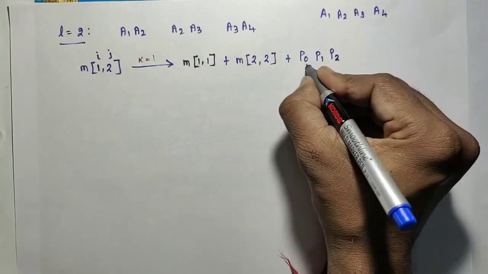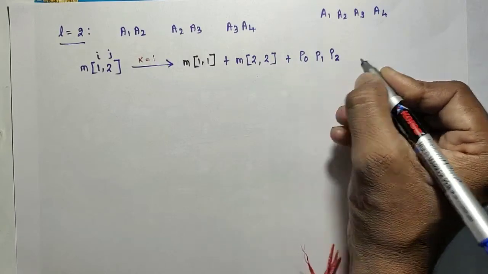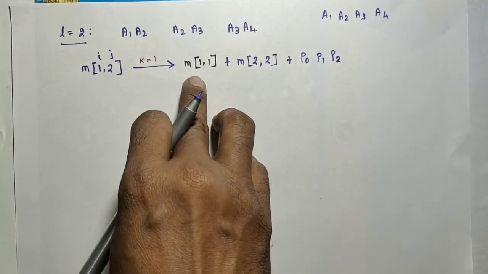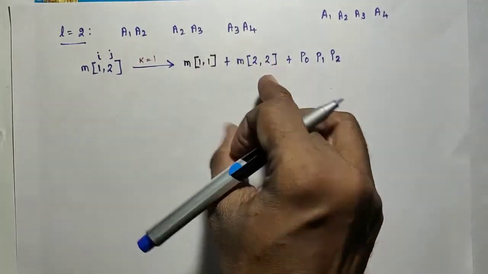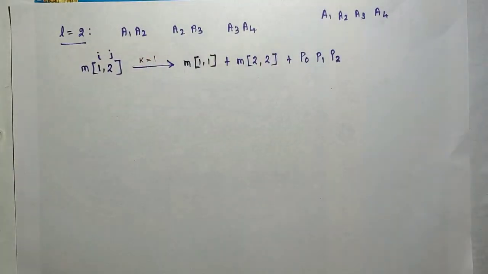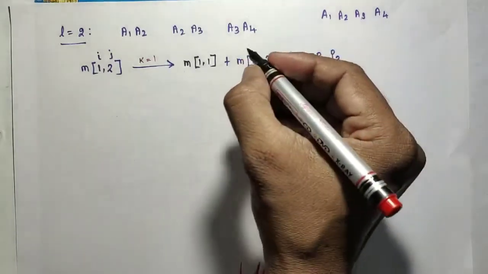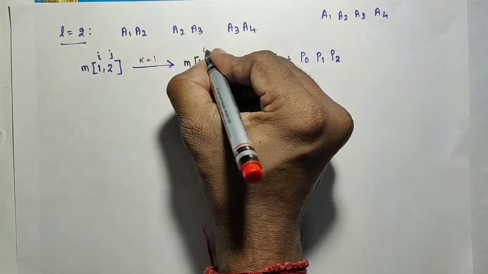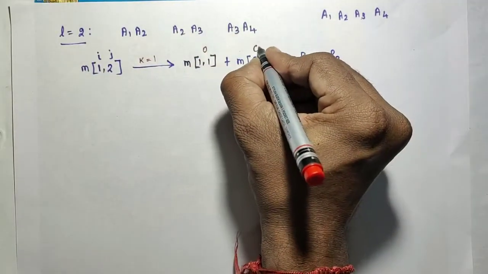So p0, p1 and p2. To determine this we need M of 1, 1 and M of 2, 2. These problems are already solved, because the length equal to 1 problems are already solved. So just substitute the values: M of 1, 1 and 2, 2 are both 0, so 0 multiplications needed.